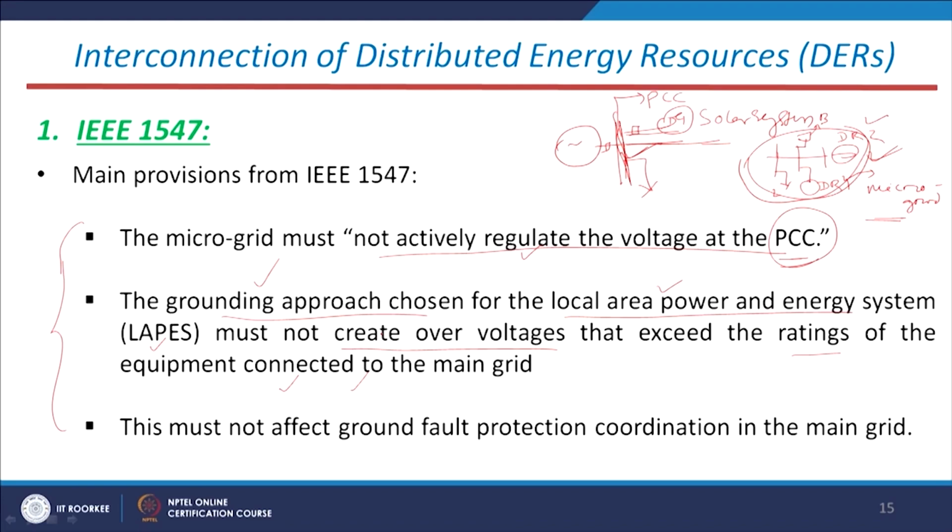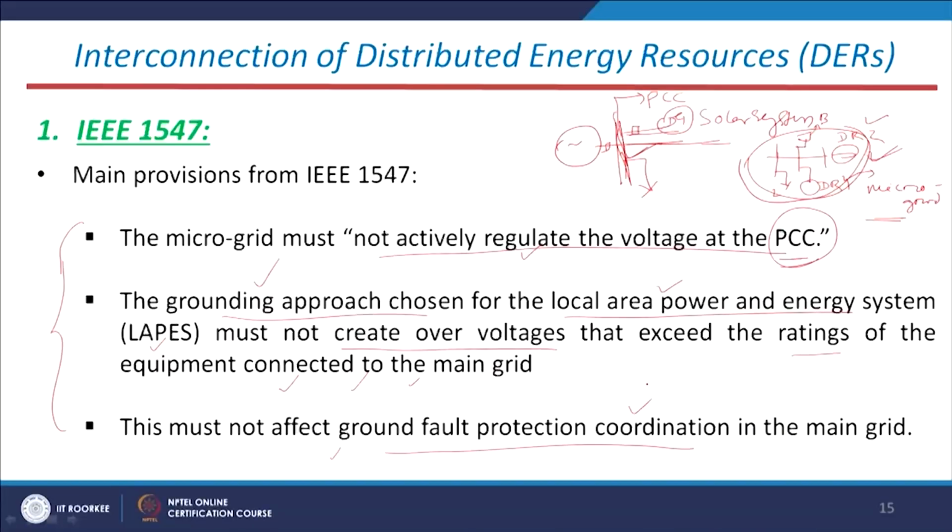So, we should choose the grounding system of the local area power energy system in such a manner that it does not create any over voltage. Over voltage means the voltage may exceed the rated values of those equipments which are installed inside the main grid. That is also one of the important standards for this particular interconnection of the DERs to the smart grid system.